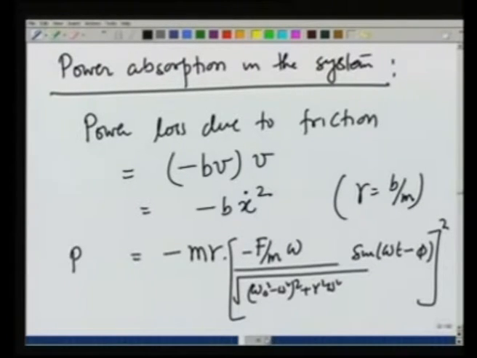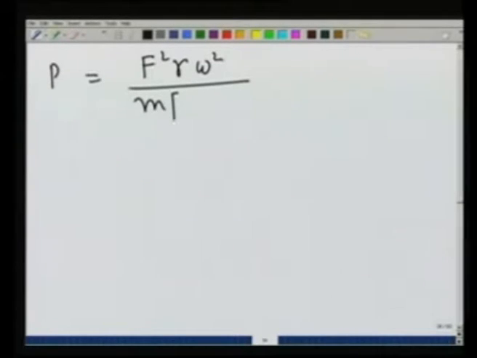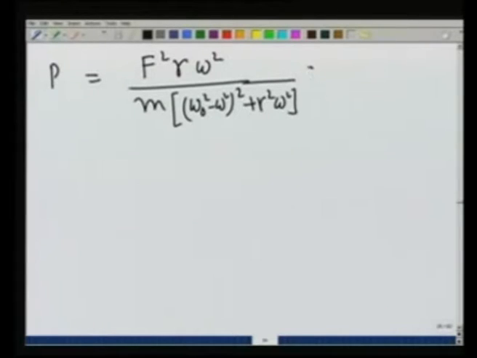When I open the bracket up, I find that P is going to be equal to f square gamma omega square over m times omega 0 square minus omega square plus gamma square omega square, times sine square of omega t minus phi.